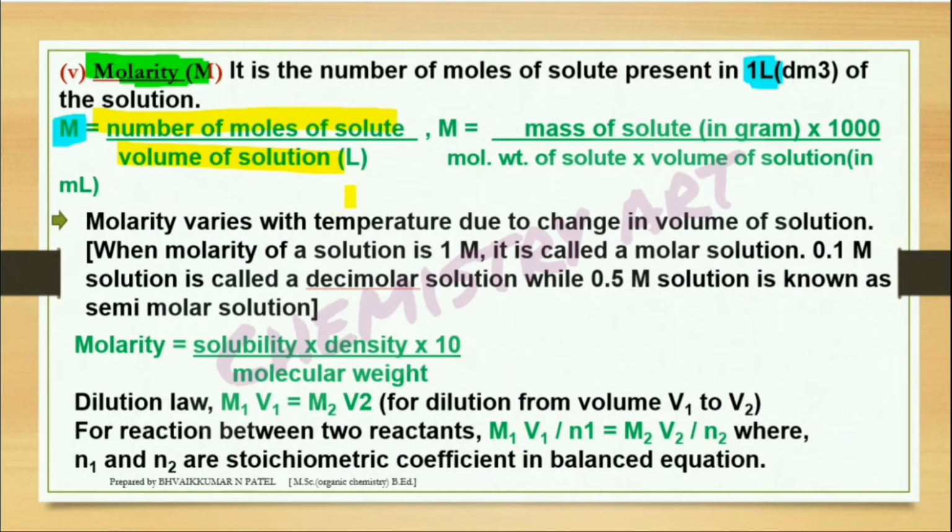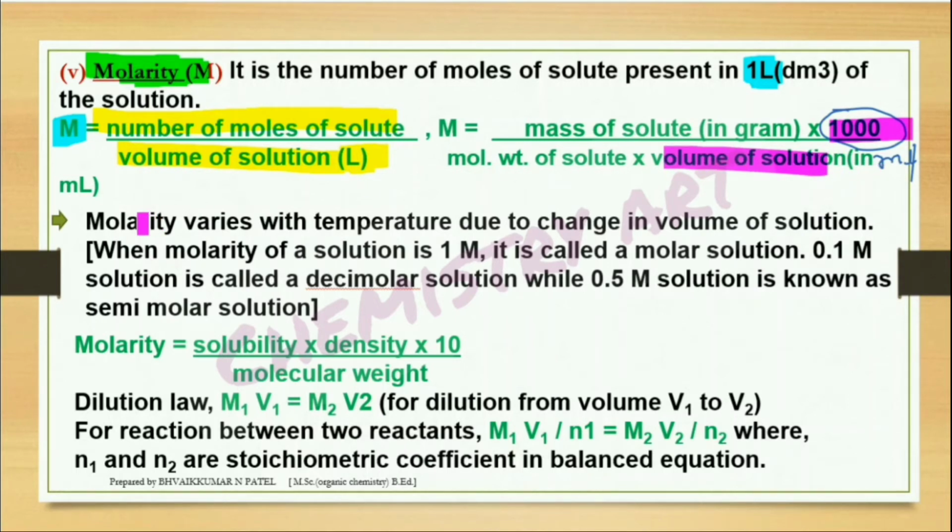And if you do not want to write in liters, and you want to take volume in ml, then you have to multiply by 1000. The formula will be the same, only you have to multiply by 1000 here, and the volume of the solution you have to take in ml.